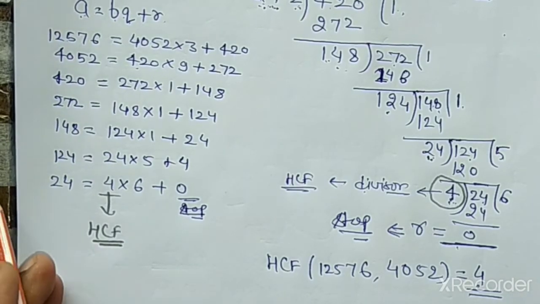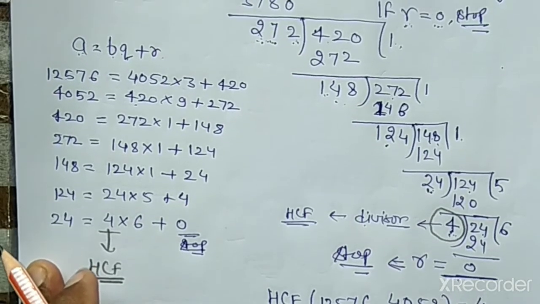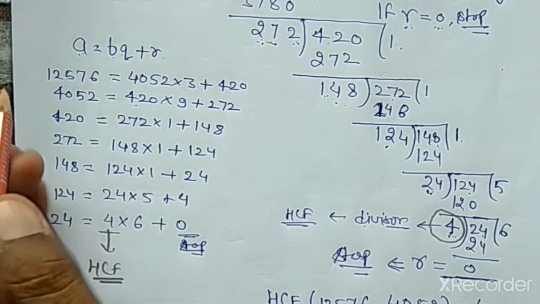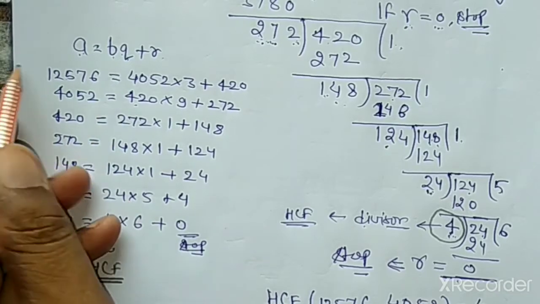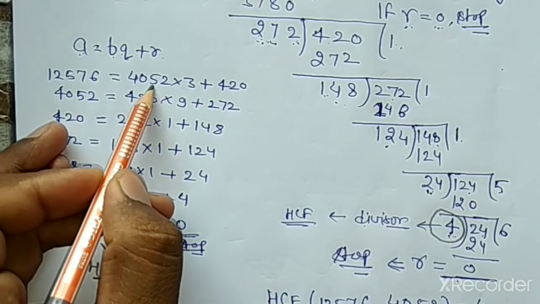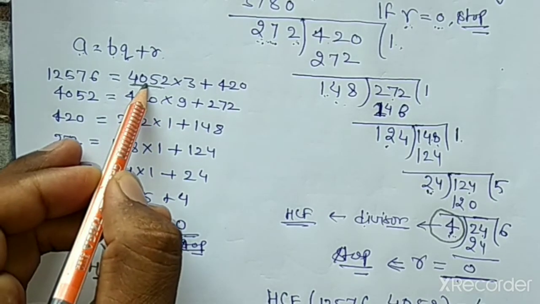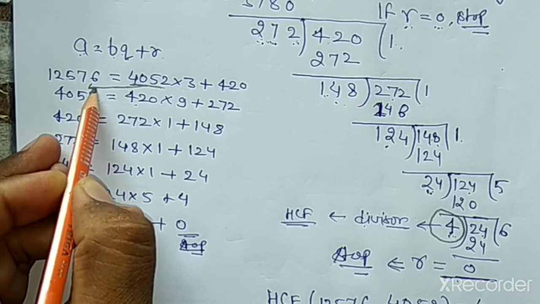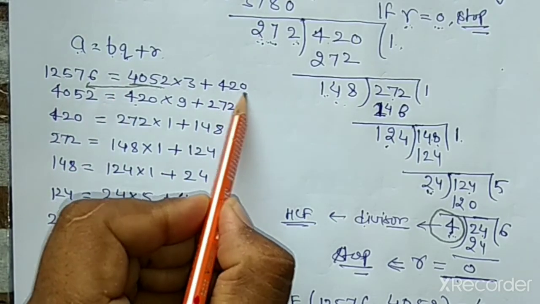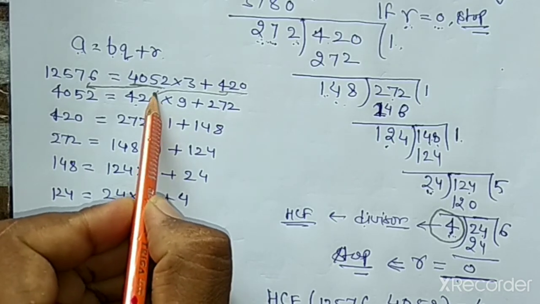Okay, so what is the approach here? Simple, keep on dividing and you can write it in this form. And you also have to notice one thing here. Always notice that this is your divisor, which comes next time as the dividend, and this remainder comes next time as the divisor.